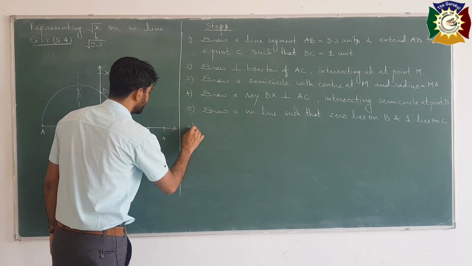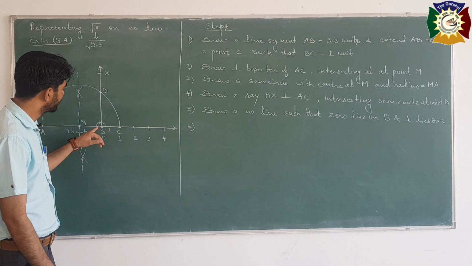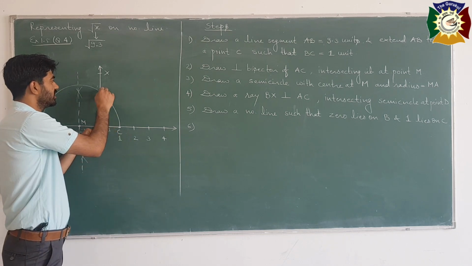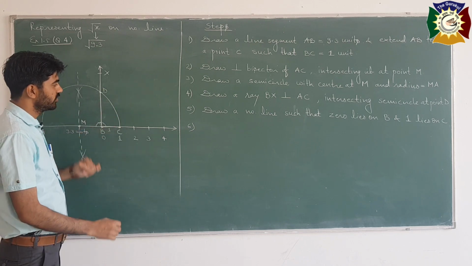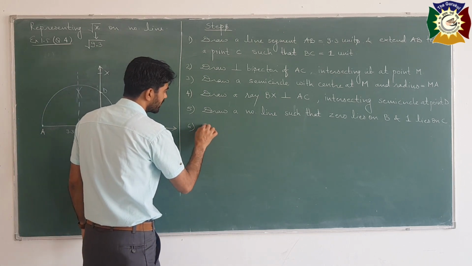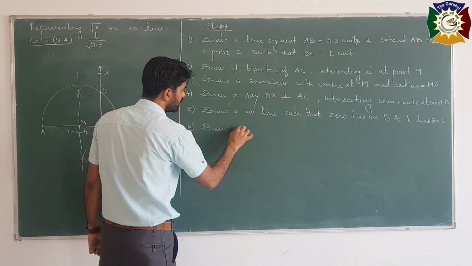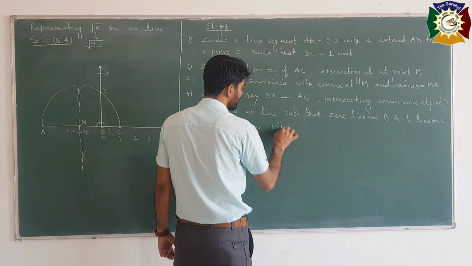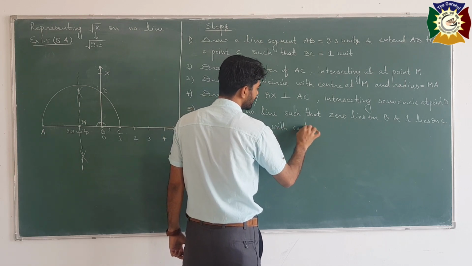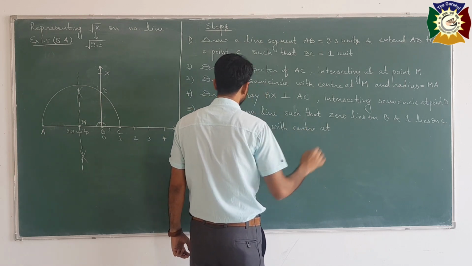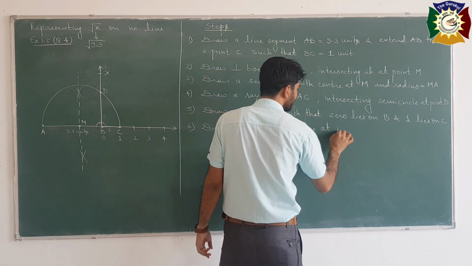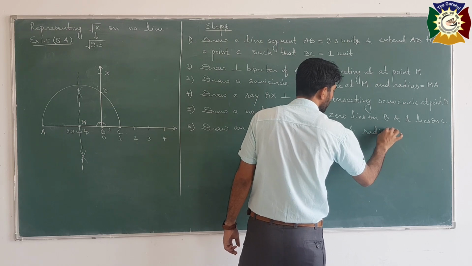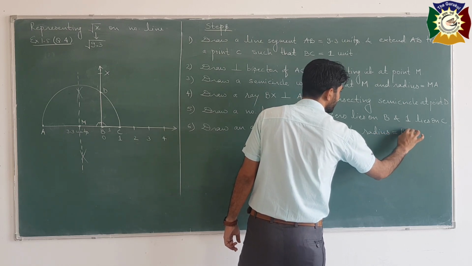Now sixth step is, now we'll put the compass at B and open the compass up to D. So we have to draw an arc. Draw an arc with center at B and radius equal to BD.